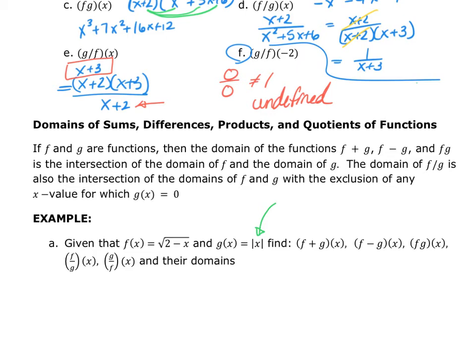Is that one of the two things I look for? The answer is no. I am looking for square roots and x's in the denominator. So the domain of G is everything. I can put anything I want in for G. Do I have any restrictions on my F function? Do I have some issues here?